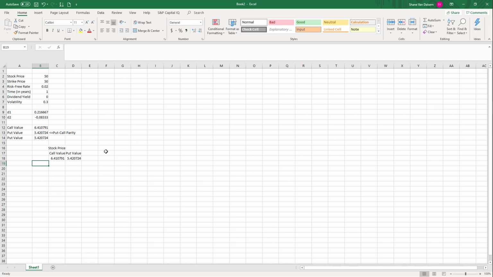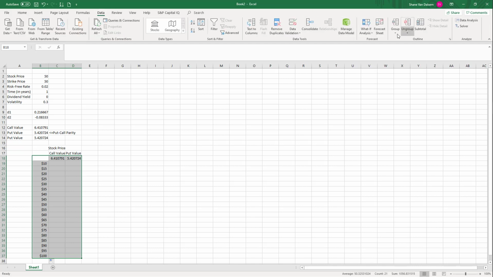We'll start with $10 and go up by $5 increments. I'm just going to do some of those, and then I'll pull it down. I'm going to take that out to $100 a share. Okay, now I'm going to highlight all of this, go up to Data, What-If Analysis, Data Table.